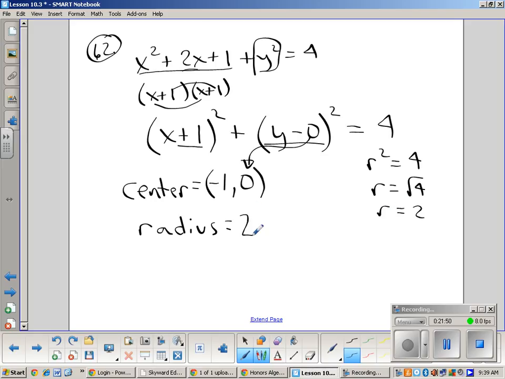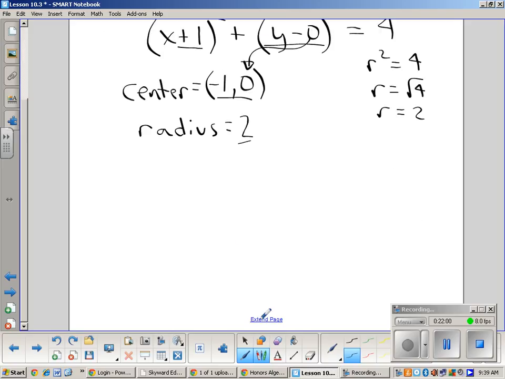So when I go to graph that, I need my center to be at negative 1, 0. I need to have a radius of 2. And you don't have a feature on your calculator or on your paper that allows you just to draw the circle.